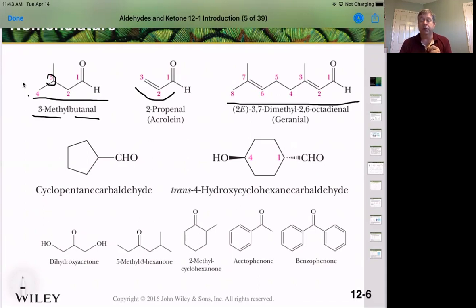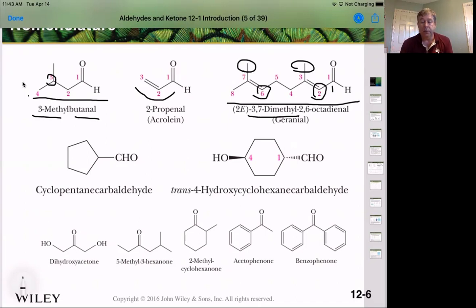Now we have substitutions, and because the aldehyde is our number 1 position, we know that our first methyl group is on the 3 carbon and our second methyl group is on the 7 carbon. So we have 3,7-dimethyl, and then our first double bond is on the 2 carbon and our second is on the 6 carbon. So we have 2,6-octadienal.